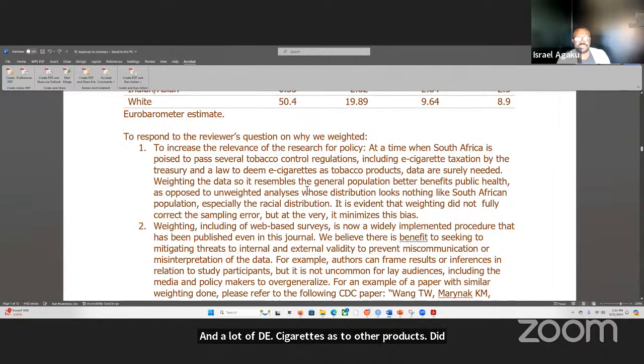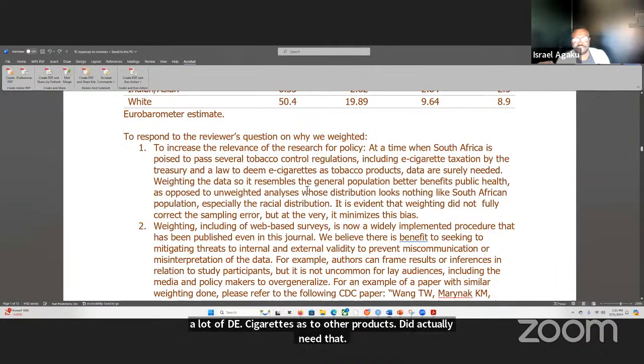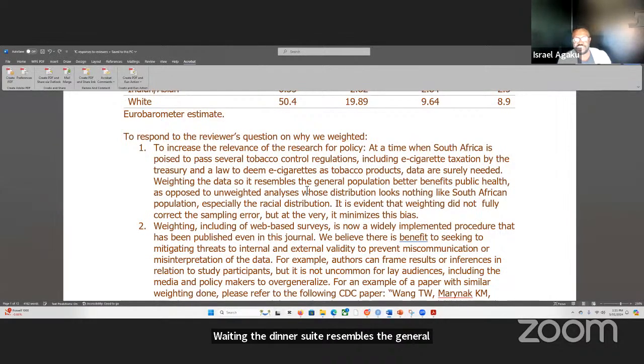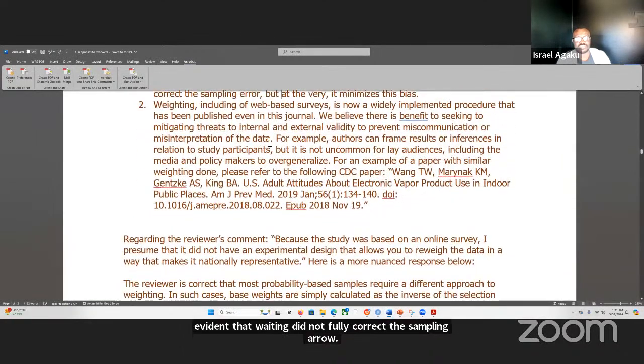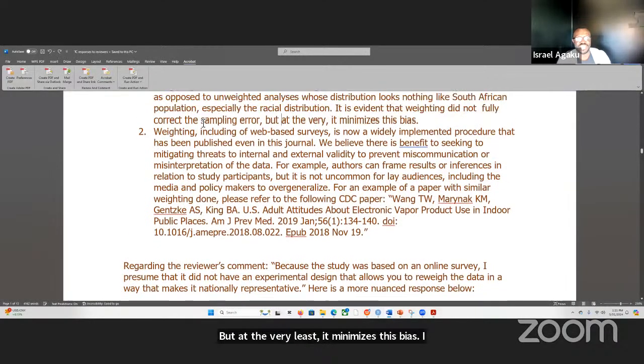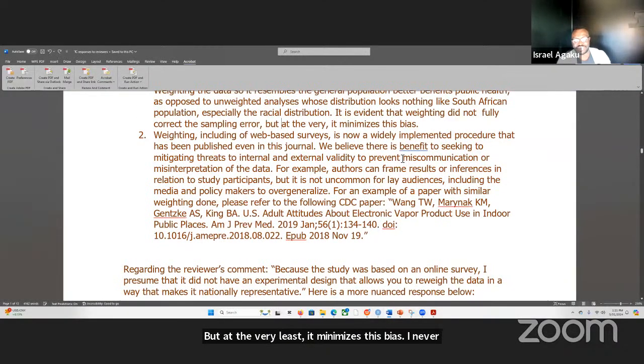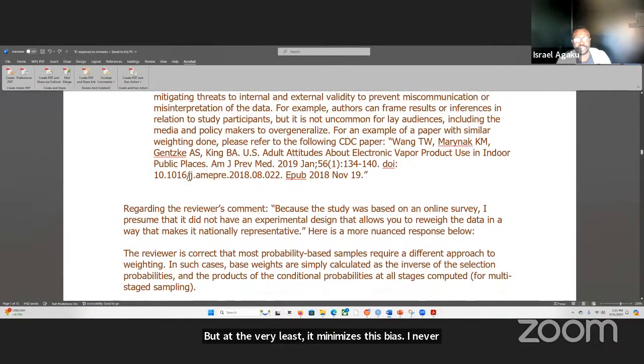Weighting the data so it resembles the general population better benefits public health, as opposed to unweighted analysis whose distribution looks nothing like the South African population, especially the racial distribution. It is evident that weighting did not fully correct the sampling error, but at the very least, it minimizes this bias. And then we're saying weighting, including of web-based surveys, is a standard procedure.